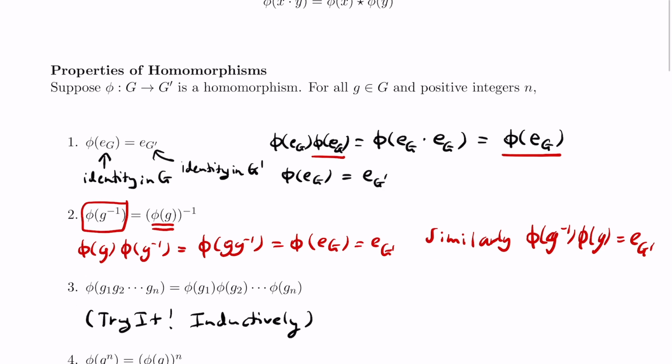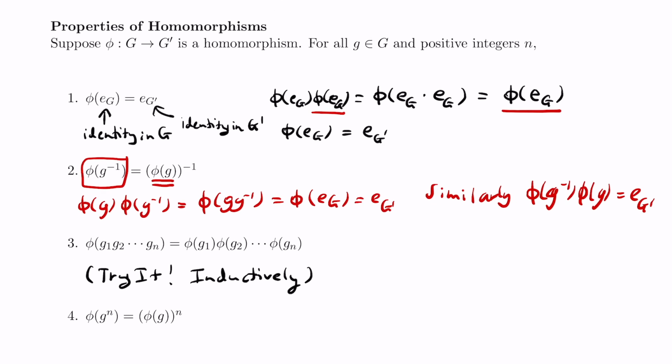And then finally, phi of an element raised to the n, again meaning the n-fold product of g with the group operation, is phi of g to the n. And we can kind of see that from the third bullet point.